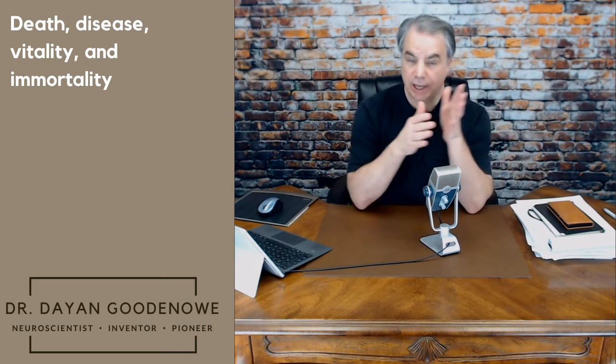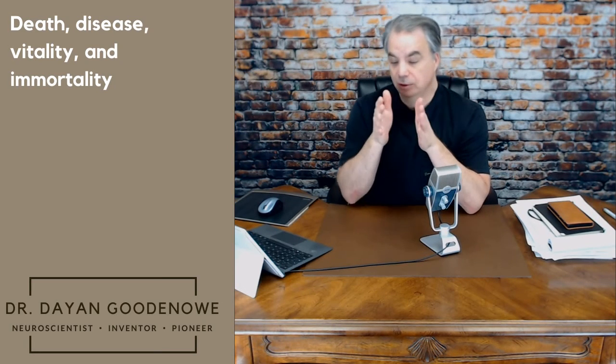And the goal, and we'll bring it in subsequent conversations, is whether we're going to focus on the cascade from normality to disease to death versus the cascade from normality to vitality to immortality.